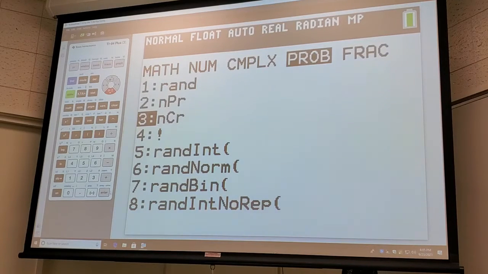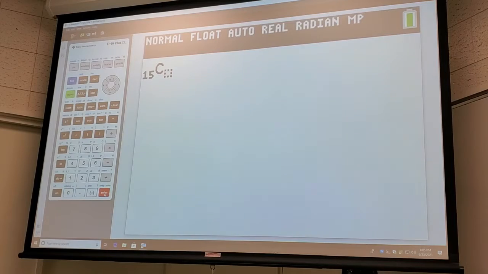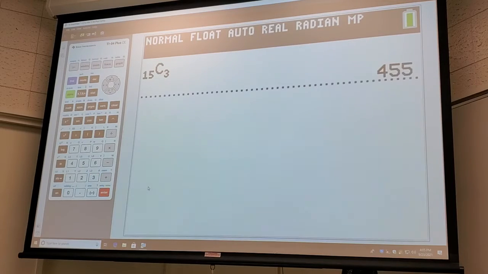So I got 15 people. I'm going to choose, what was it, 3, right? So let's just see how long that list would be if we finished it out. That's how long the list would be. That list would go on for 450 more entries. You with me? Yeah, no thanks.